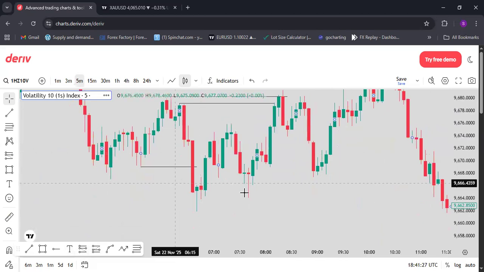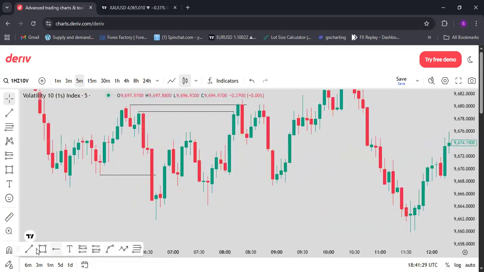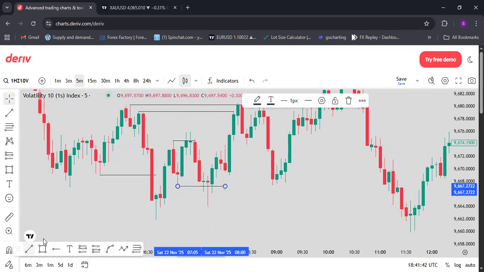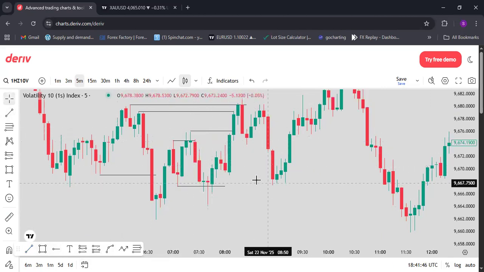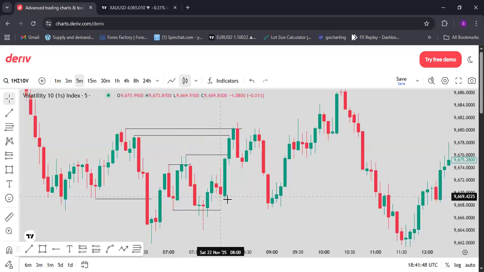But on our way up, price failed to create new structures to the upside, came down, failed to create new structures to the downside, and then broke structure to the upside. Immediately I see something like this, I know this is telling me a change of bias, in this case from bearish to bullish.